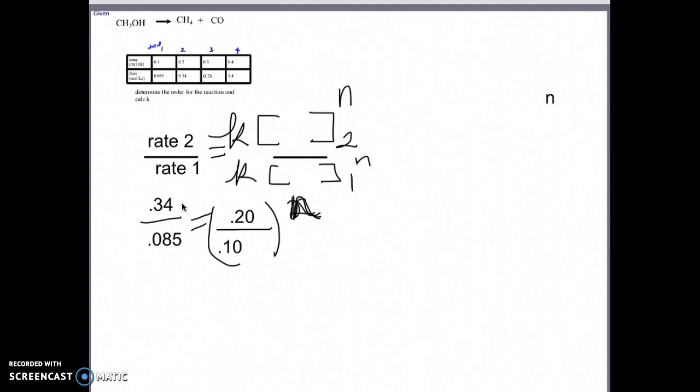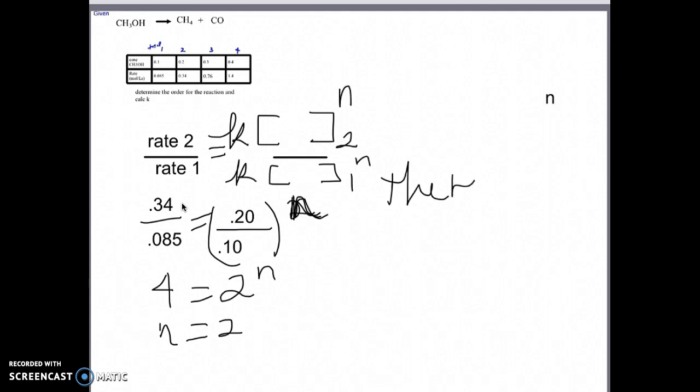So that's a big N that you see there. Then when we solve for N, this ends up becoming 4, this becomes 2, and this would be to the nth power. In this case, N is equal to 2. So we would say that the reaction is second order.